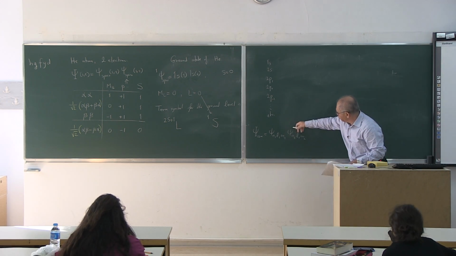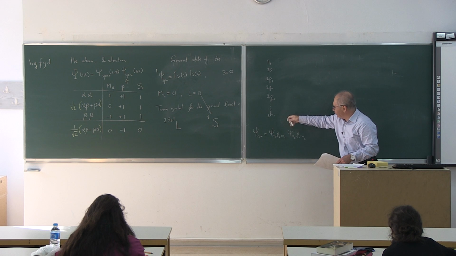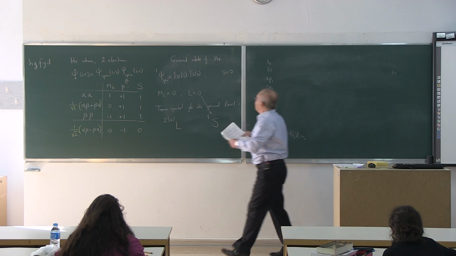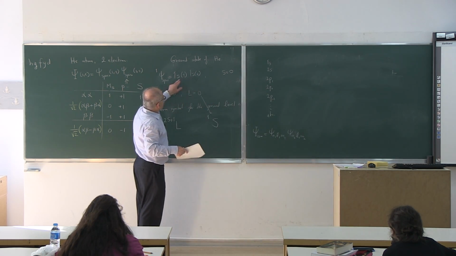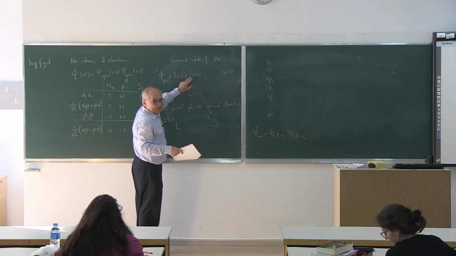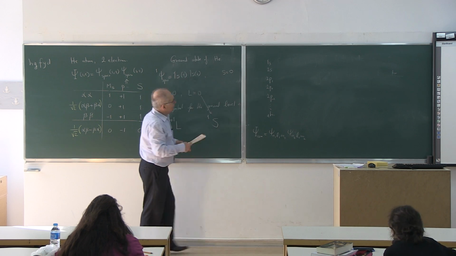Now there is a convenient notation which indicates which orbitals are used in this product. For example, here, for both electrons, we have taken the same orbital.